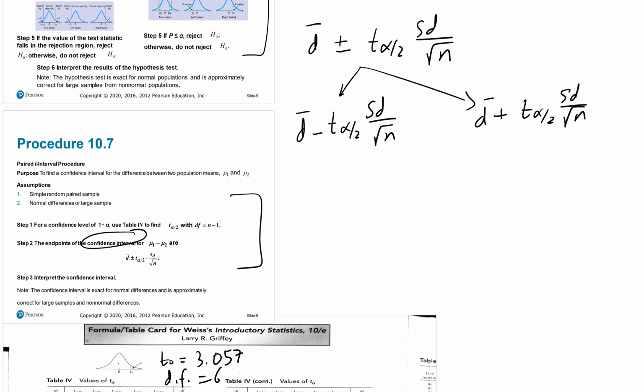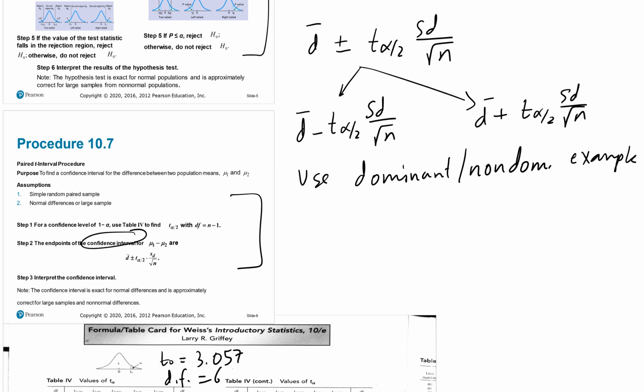So if we need to see an example of this, maybe we can apply this to the dominant and non-dominant example.